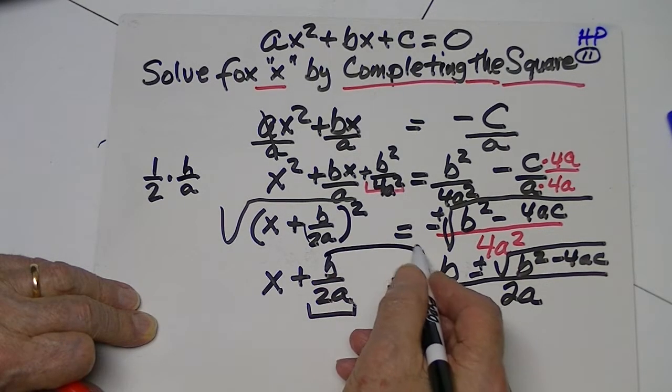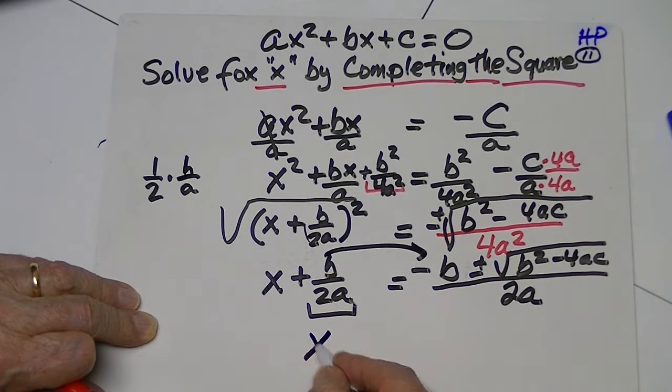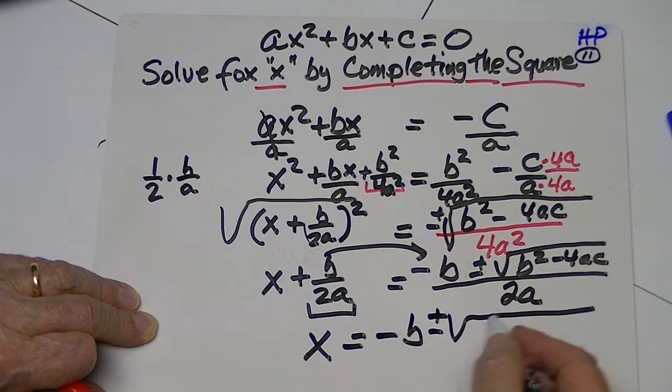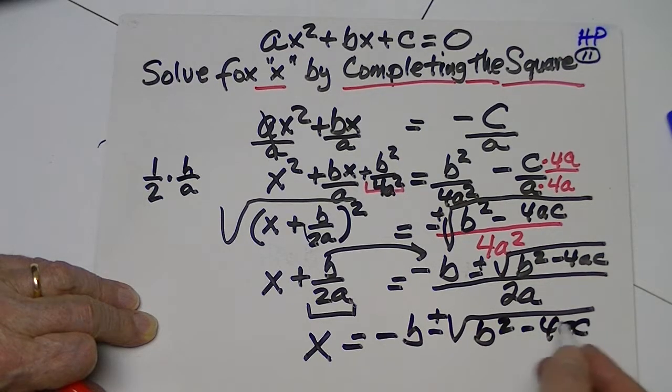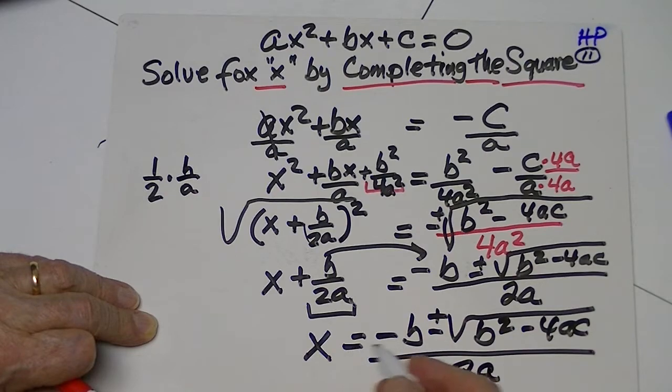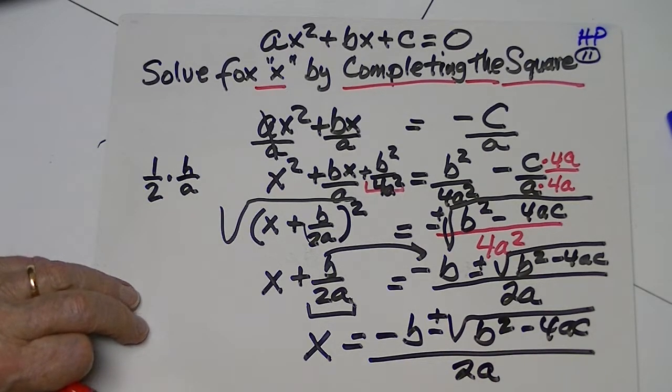So after we transpose this, we have an x left all by itself, and it's negative b plus or minus the square root of b squared minus 4ac all over 2a, the quadratic formula.